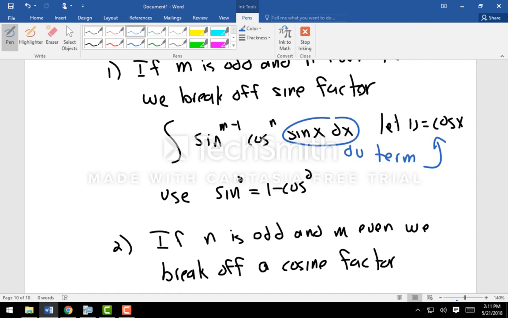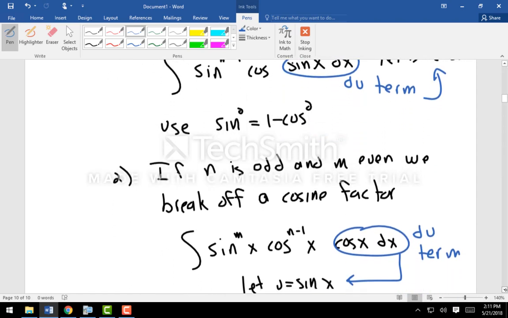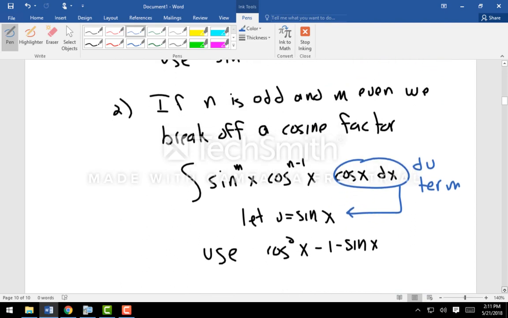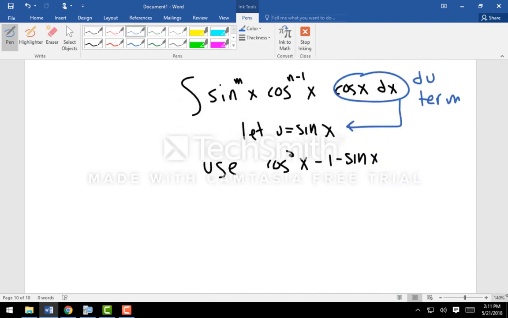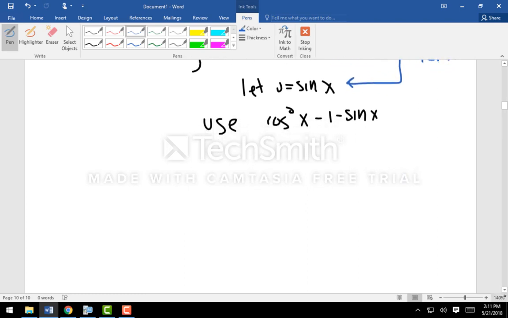All right, so that's our basic strategy. The only thing that's new here is the strategy. We're doing U-substitution. That's our technique of integration. We're not really doing anything new in terms of the technique. It's the strategy that would be new in this scenario.